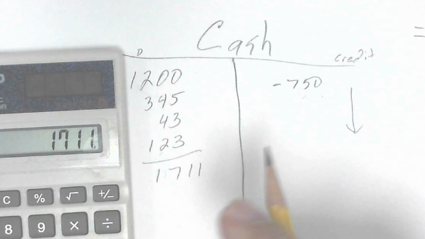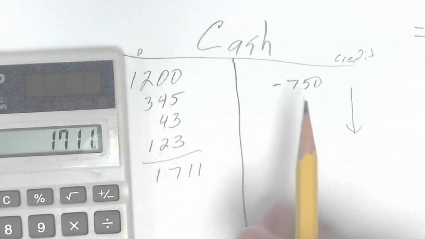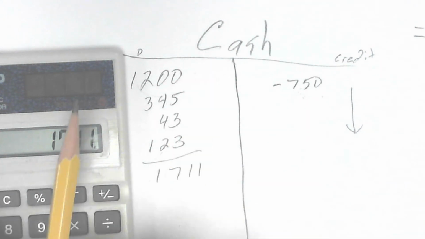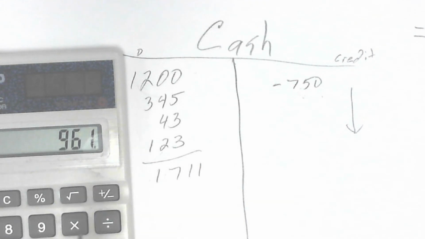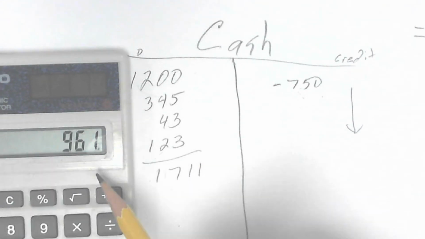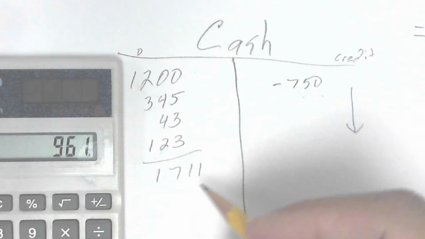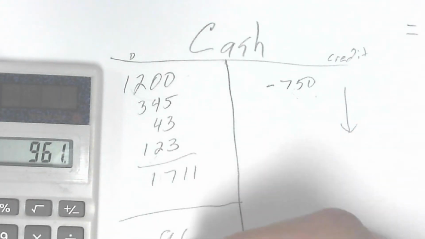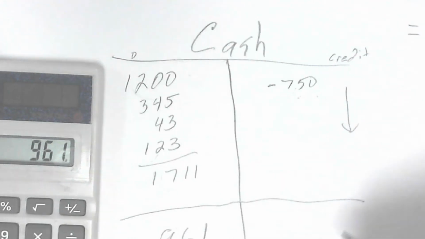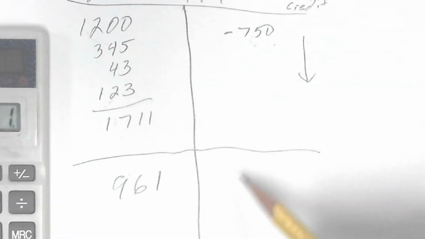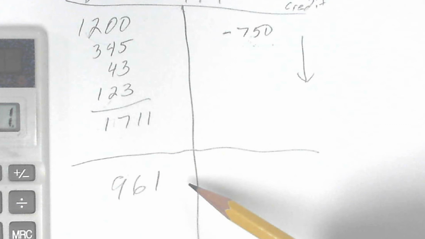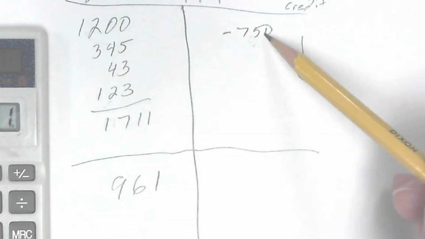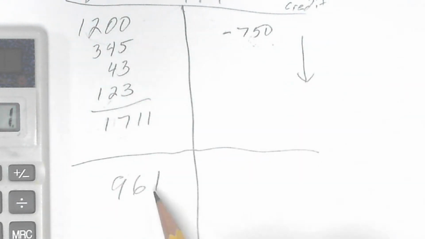So we've got our 1,711 minus 750 is 961, which is now our new total. So we added up all the debits, subtracted the credit. Now our new total is 961.